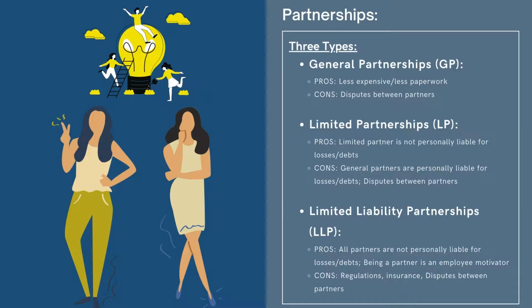Also, LLP partners may be required to obtain liability insurance or another form of insurance that could potentially be costly. In general, all partnerships require good dispute resolution policies and practices because more than one owner is involved in the managing of the business. But the partnership business is beneficial because it potentially brings more financial resources together along with different business skill sets.